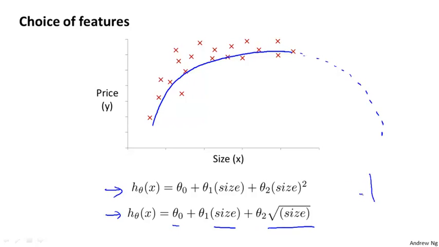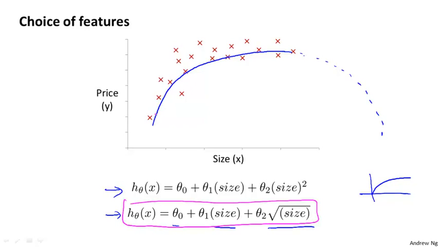So the square root function is this sort of function, and maybe there will be some value of theta 1, theta 2 that will let you take this model and fit a curve that goes up but sort of flattens out a bit and doesn't ever come back down. And so by having insight into the shape of the square root function and into the shape of the data, by choosing different features, you can sometimes get better models.